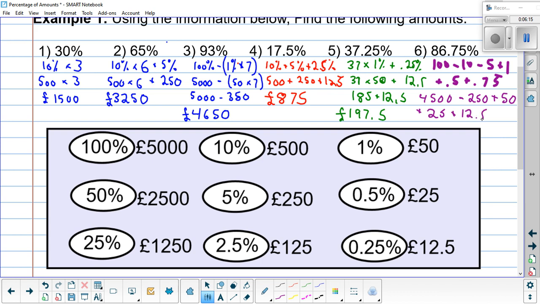You can see they can get really complicated, but it's just addition and subtraction at the end of the day, which is pretty nice and simple. So here we got, what's that, 4,250 plus 50 is 4,300, 4,325, 4,337, 4,337.5.